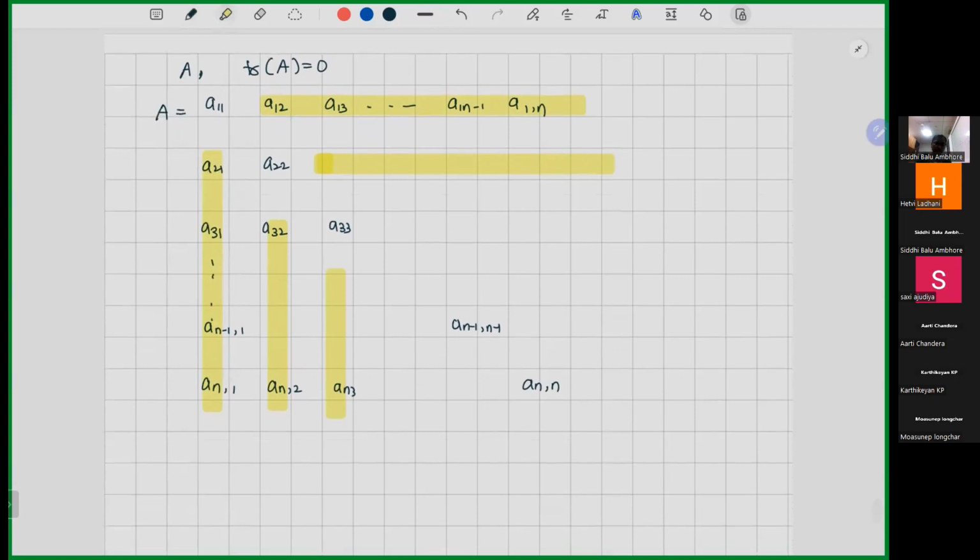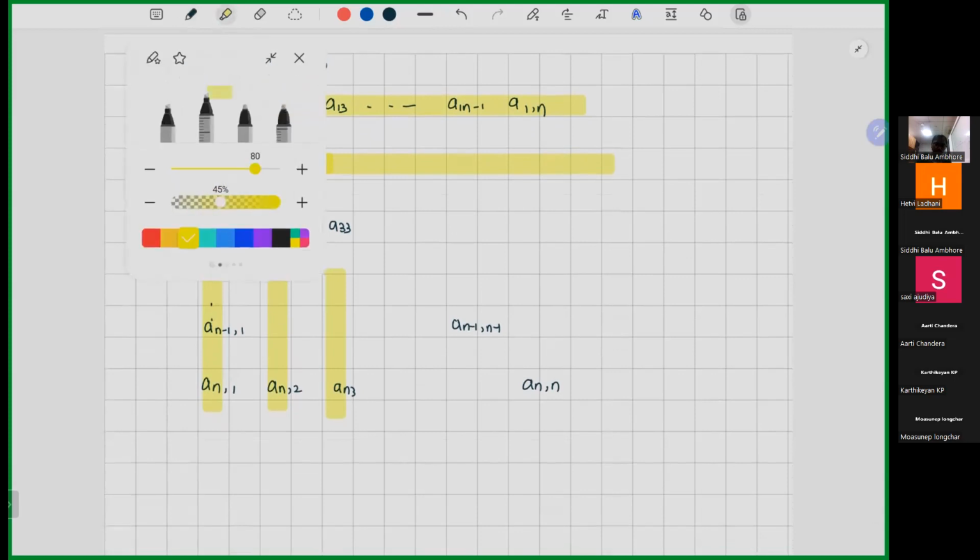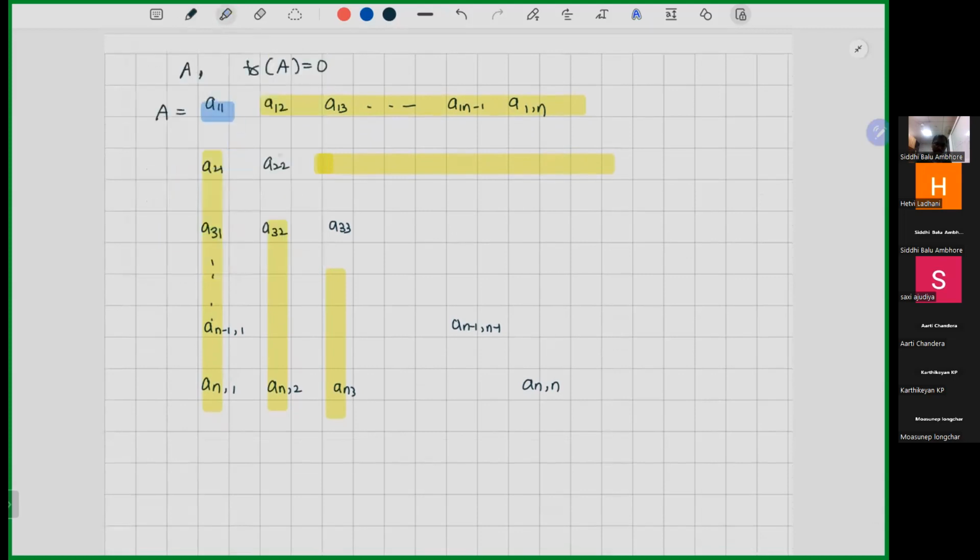What we have to work on are these elements, those which are in the diagonal, right? And what I want is A11 plus A22 and this up to ANN to be 0.